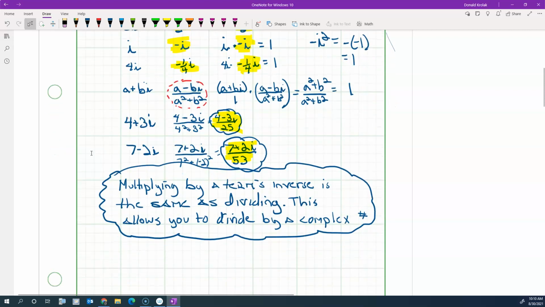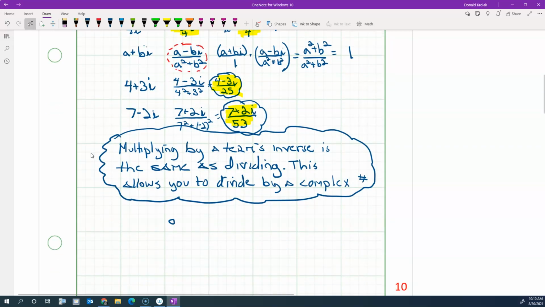Okay, so the multiplicative inverse of a complex number a plus bi, its inverse, so if I had some vector v, the inverse of v would be a minus bi over a squared plus b squared.